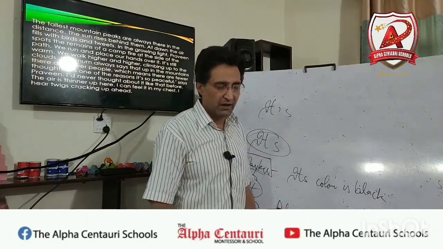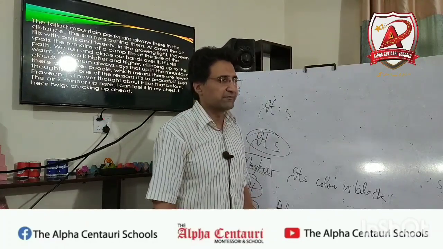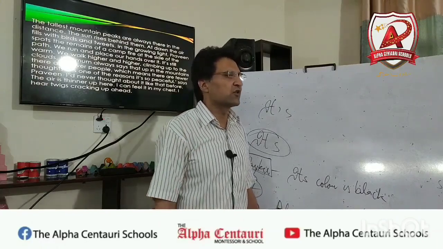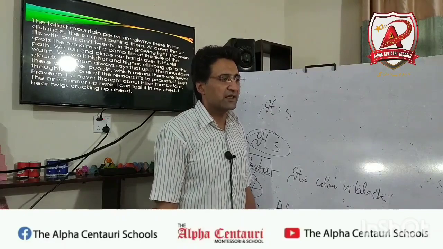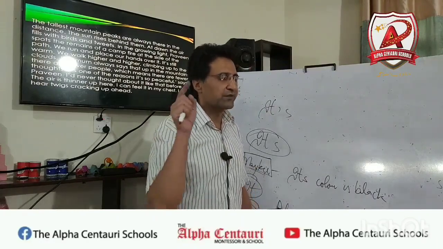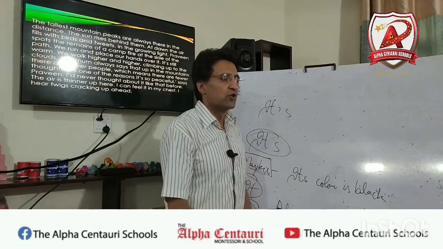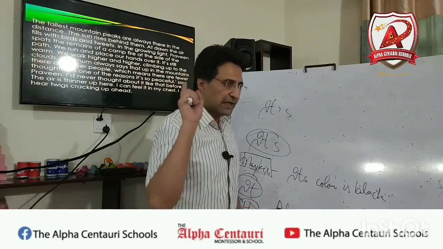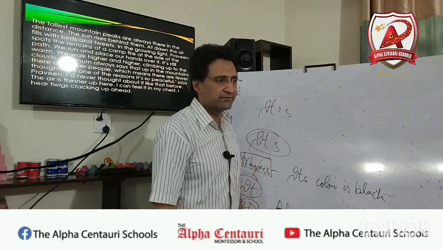Secondly, will I say that Ali is reading, Ali is this and that? I don't want to repeat Ali. Then I say wo likh rahe hain. So what is wo in Urdu? Pronoun. What is it in English? I will say he. I don't want to repeat his name.